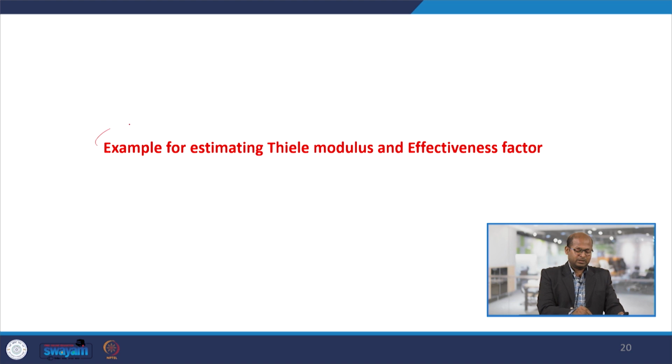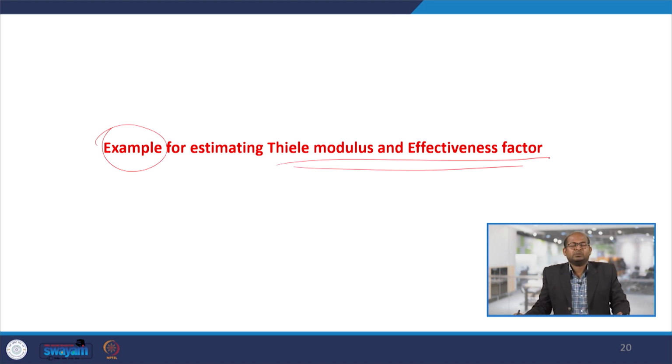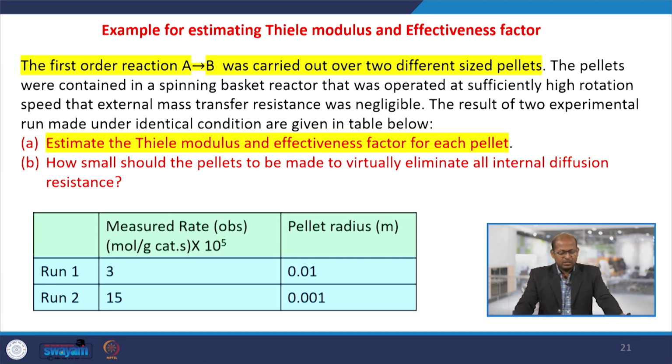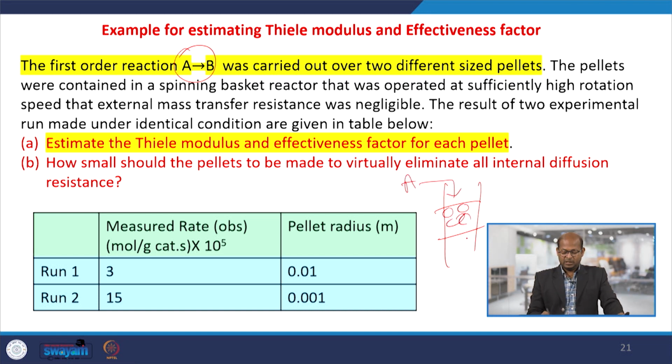Now we can also discuss one numerical example on how to find the Thiele modulus, the effectiveness factor, and how the particle size would affect them. Let us say a first order reaction is carried out in a reactor. This is our reactor, and here the reaction is going to take place. These are the catalyst particles we have taken.